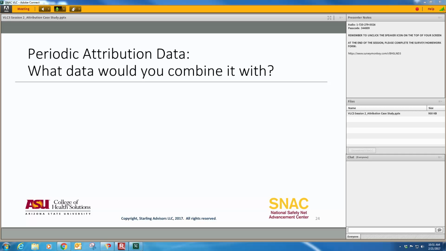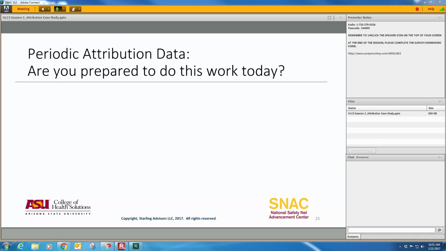So when was the patient last seen in a more comprehensive visit setting? They needed to link based on Medicaid number. They actually found a fair number of patients that didn't show up anywhere in the systems, and they had to reconcile how that was the case. But generally speaking, I think you guys did a nice job hitting on some of the data elements. And then the last thing was, are you prepared to do this work today?